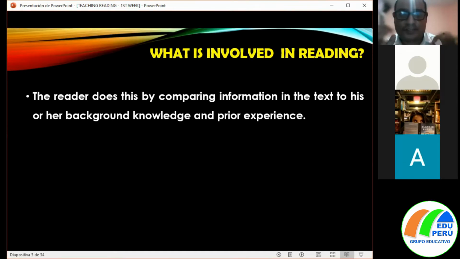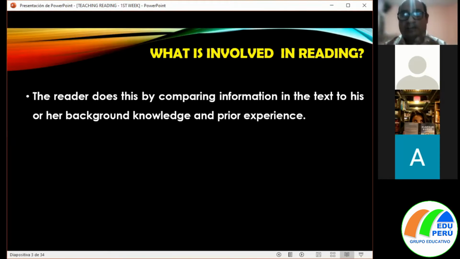Here it says, when you read something, you are going to compare information that you can find in the text with the information that you have on your own, your background knowledge, your prior experiences, your values, your beliefs.